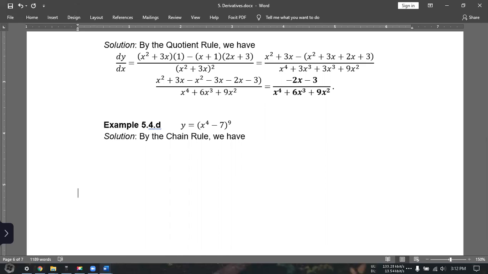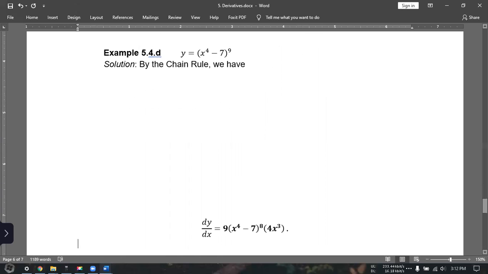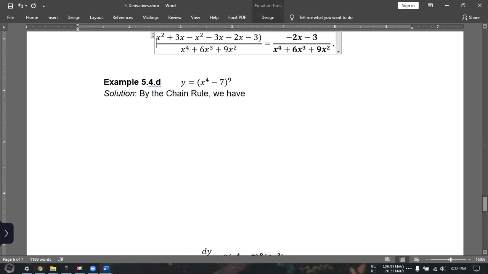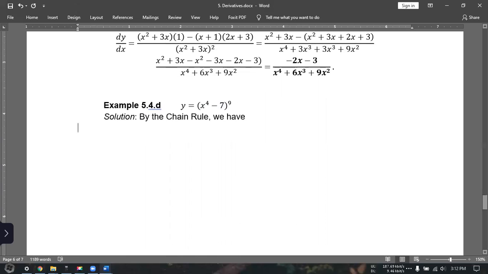By chain rule, you can right away solve or identify the derivative. But if you're confused as to how we came up with this solution, let me share how this chain rule works.